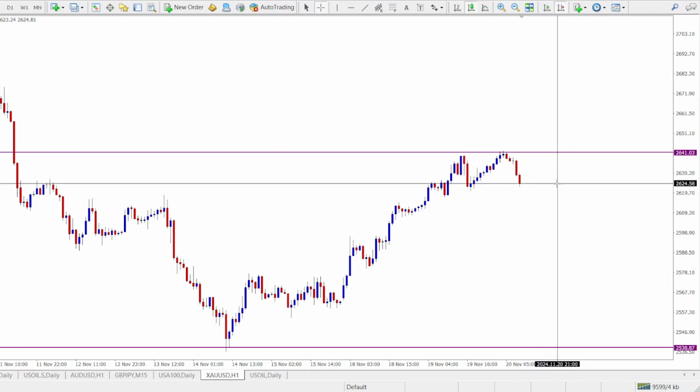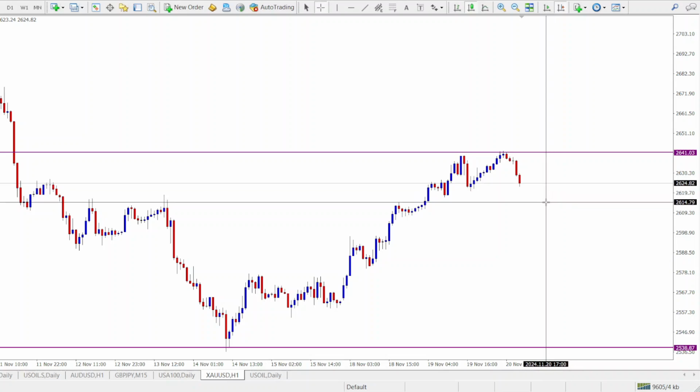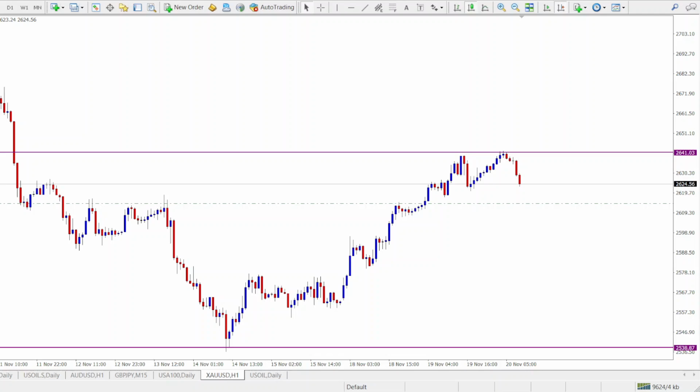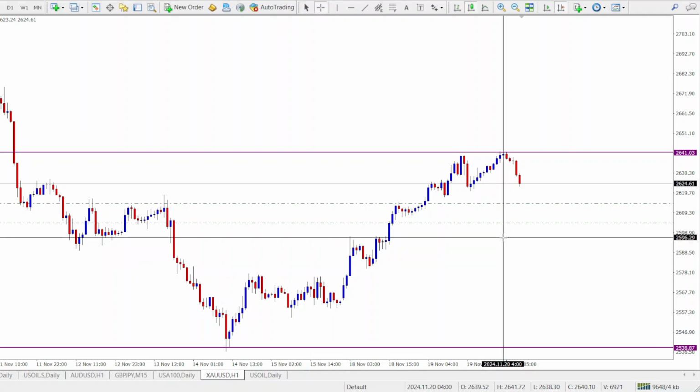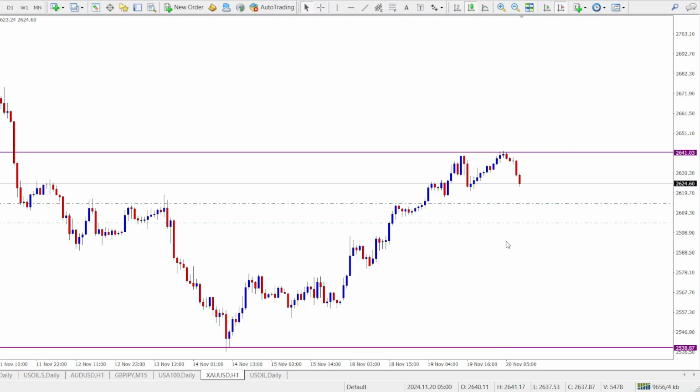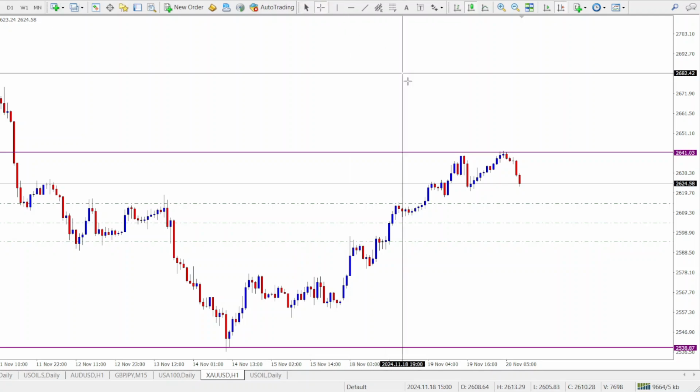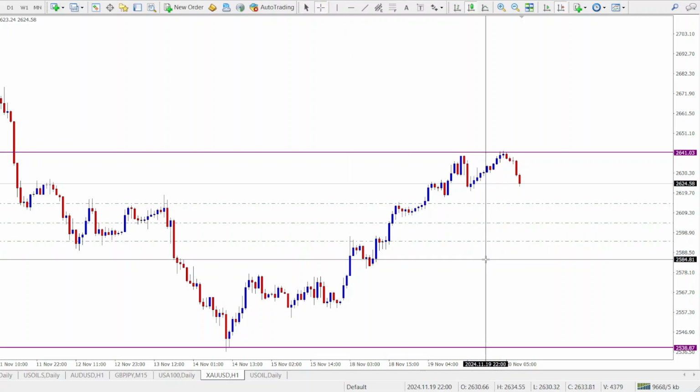This is the current price, 26.24. So 100 pips is going to be 26.14. This is a buy limit, and 26.04 is another buy limit, and then 26.94 is another buy limit, and then 26.84 is another buy limit.